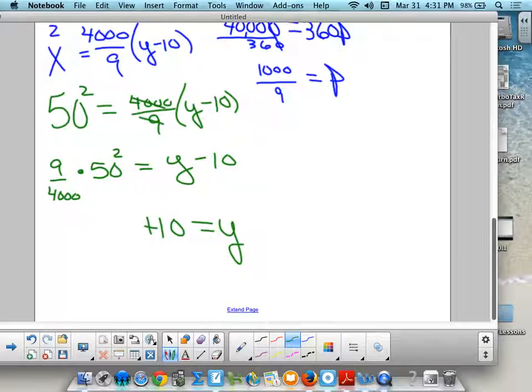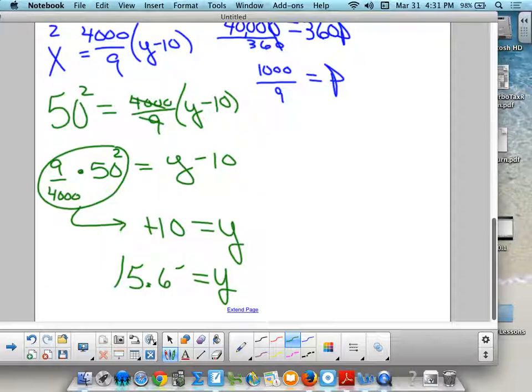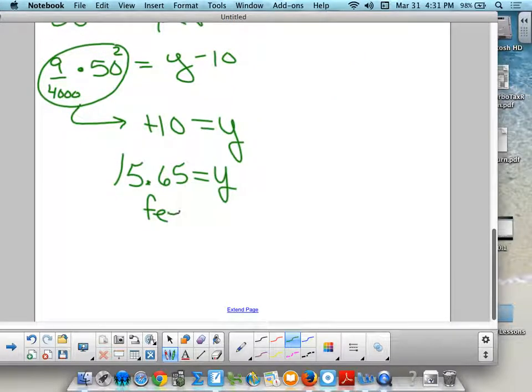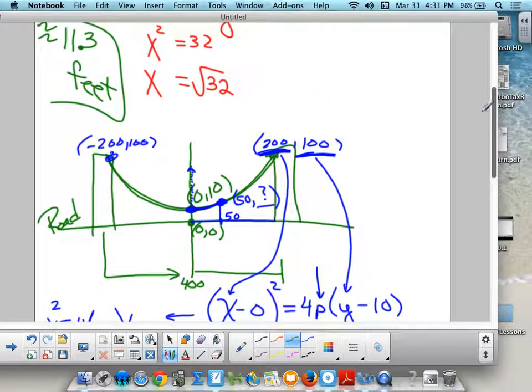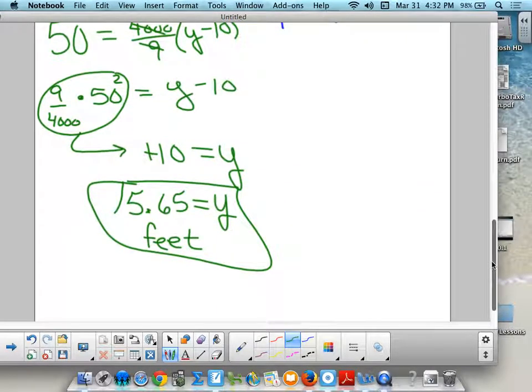So whatever this is, plus 10, and I have on my paper, it is 15.65 feet. There you go. 15.65 feet. I go back up here. I look. I go, hey, does this look like it'd be about 15 feet up? This is 10. Yeah, it looks like it's reasonable. I think it's right. I know it's right, but I'm just trying to tell you, you should think about your answers, okay?